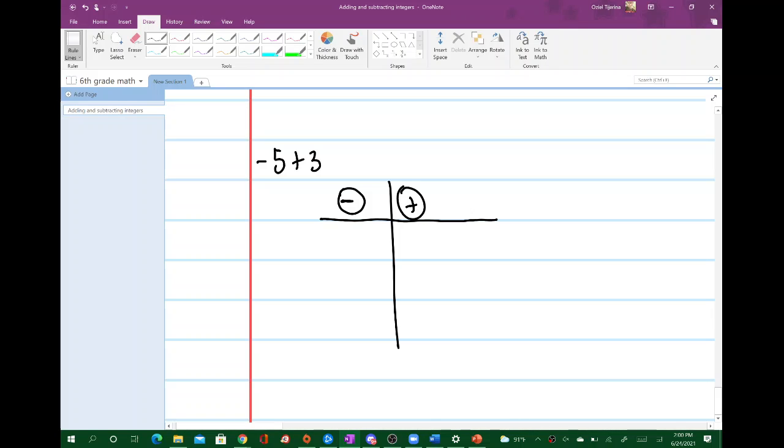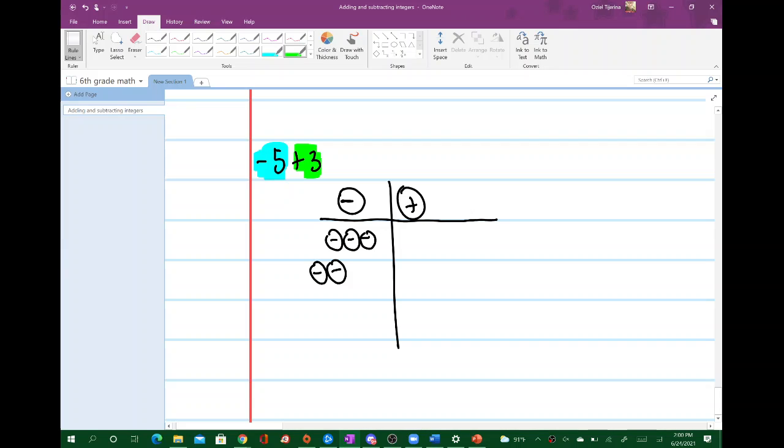Well, here's a -5, so we have 5 negatives, right? Because think of this as a whole term here, okay? And how many positives do we have? Well, it's very clear we're adding 3, so that means we have 3 positives. These are 3 positives here.